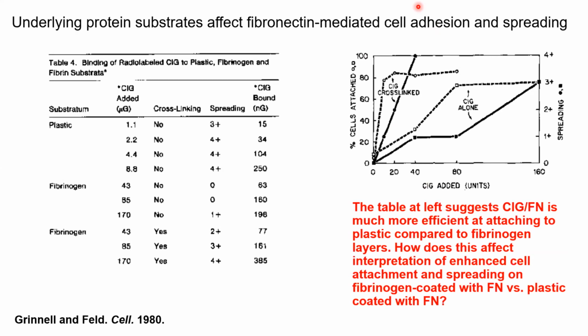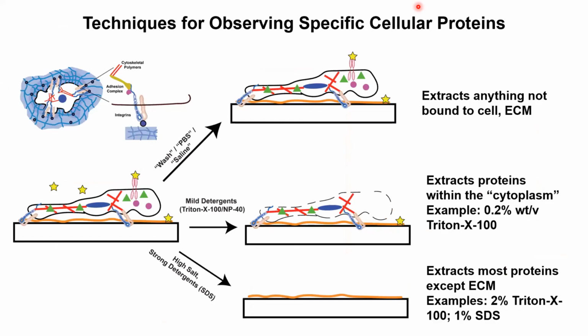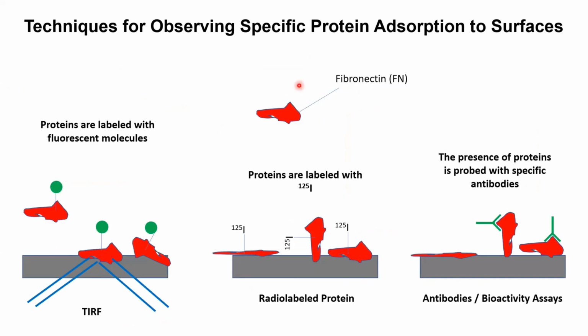So, just to move forward, the cells don't necessarily interact with all of these fibronectin molecules. The cells only interact with fibronectin molecules that are presented in the right conformation. The receptors of the cells don't just recognize that the protein is there. They recognize specific small groups of amino acids called peptide motifs.